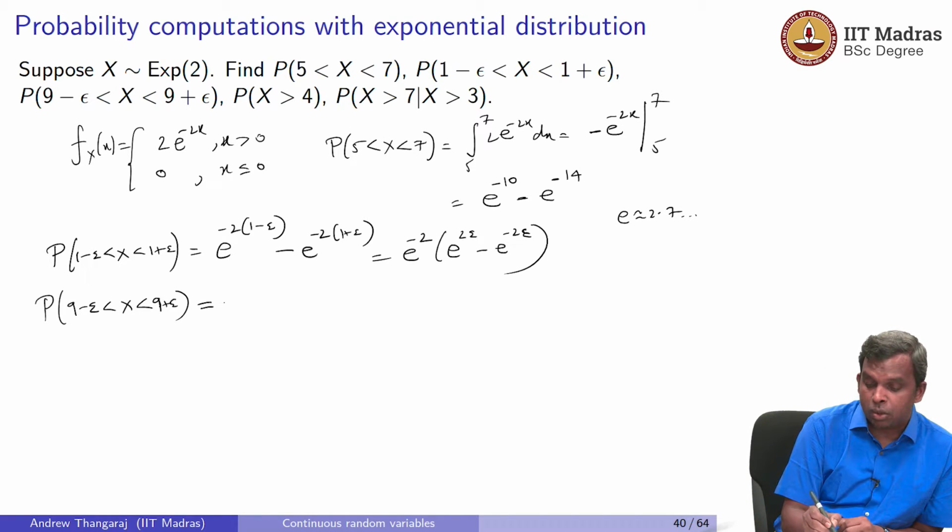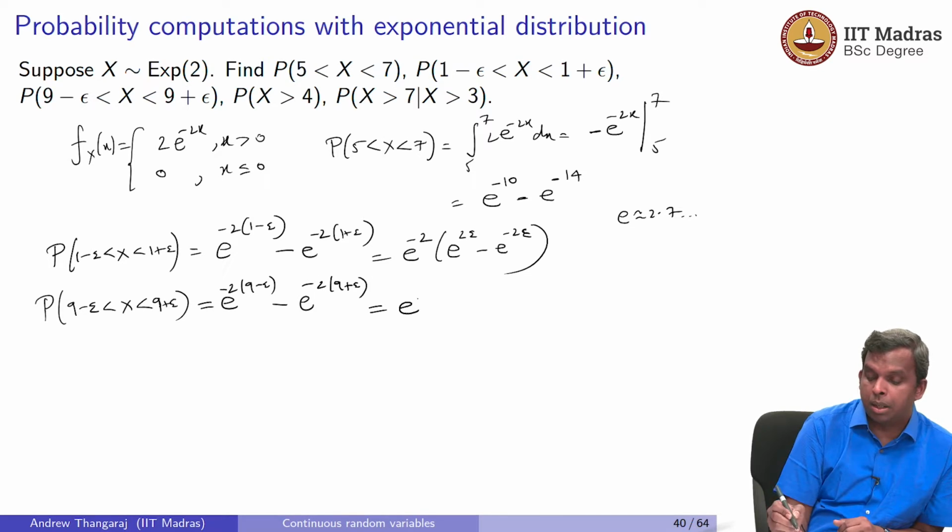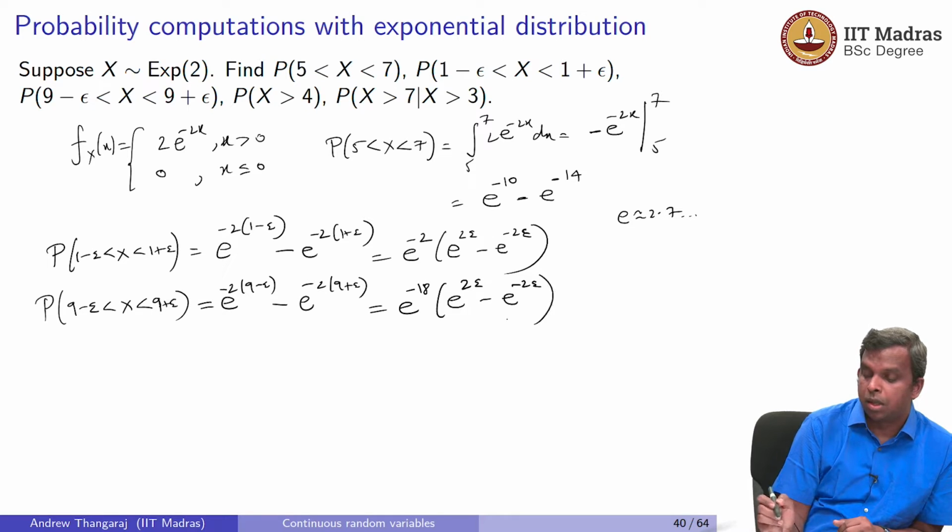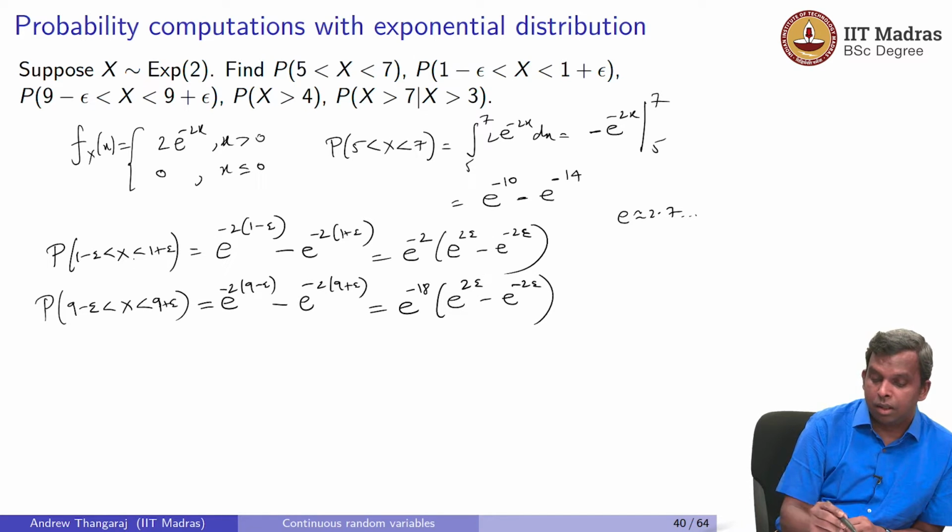If you go to 9, notice what happens. It's e power minus 2 times (9 minus epsilon) minus e power minus 2 times (9 plus epsilon), and this is going to become e power minus 18 times (e power 2 epsilon minus e power minus 2 epsilon). Look at this probability.